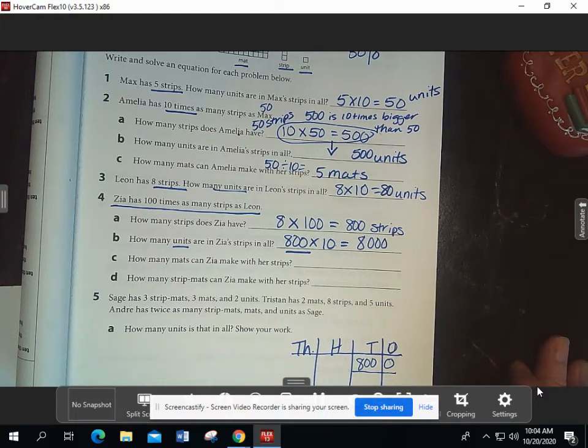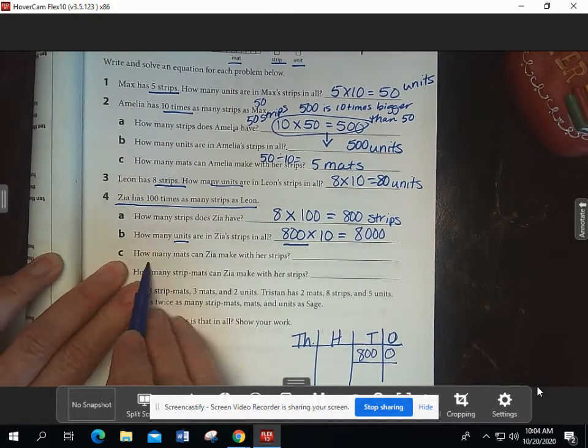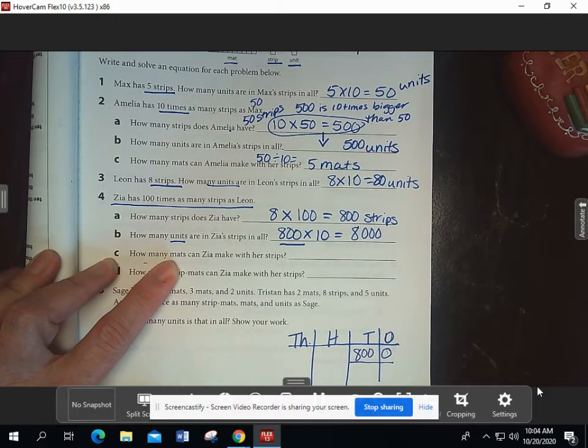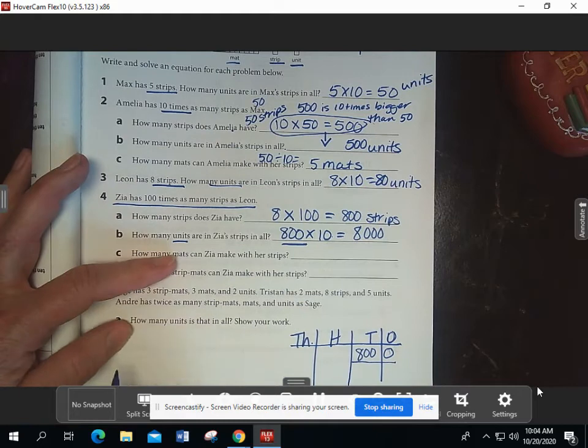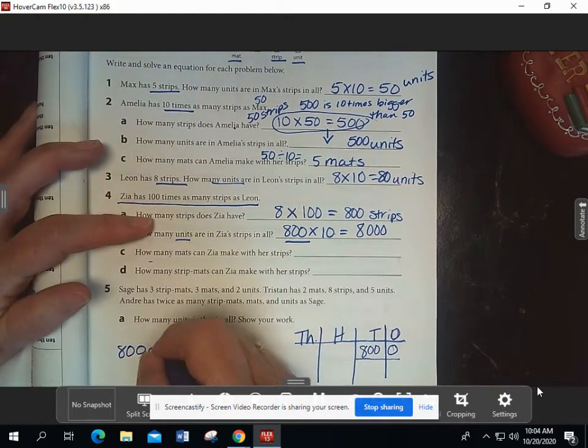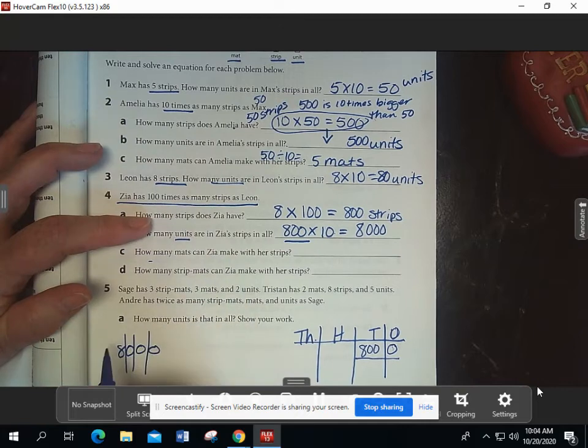Okay, so now we're going to talk about how many mats she can make with her strips. How many mats can she make? Let's think of this number. If we have this in all, correct? Let's do our place value thing.